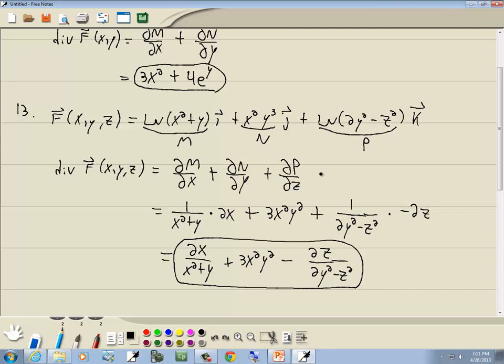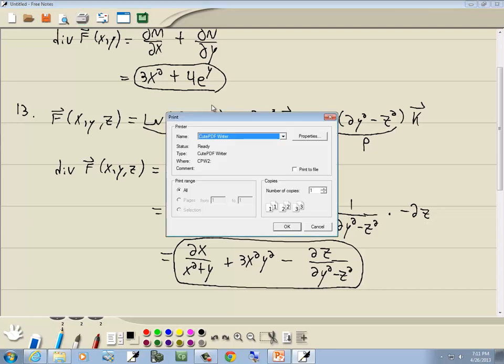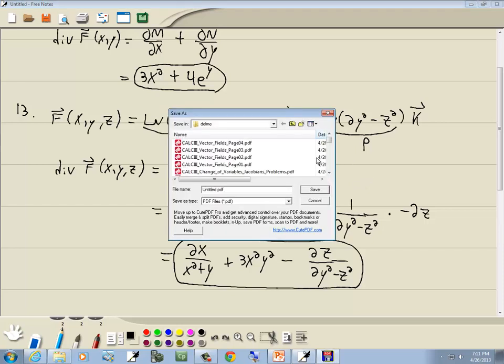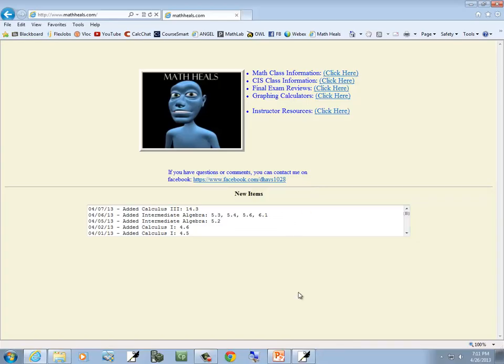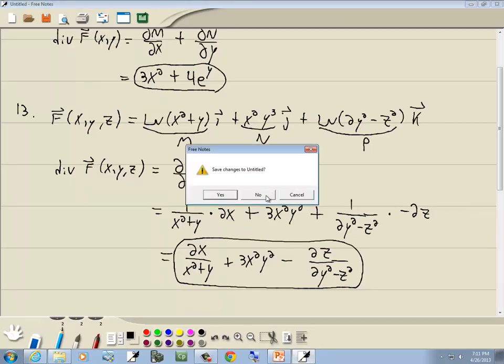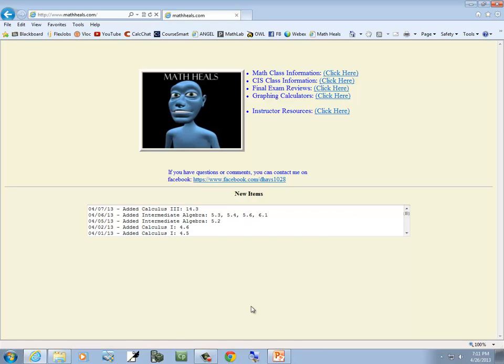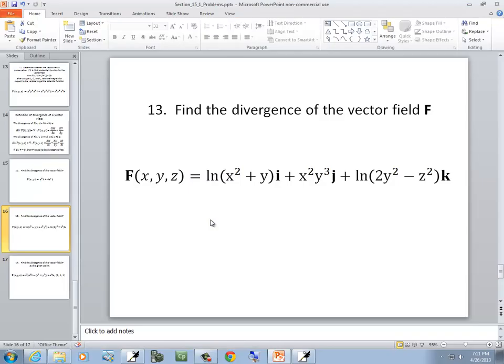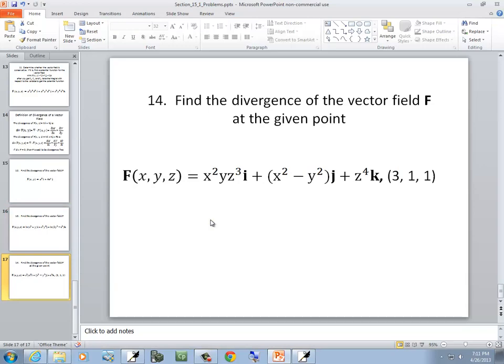Let me go ahead and save that. And let's look at our next problem. This is finding the divergence of the vector field at the given point.